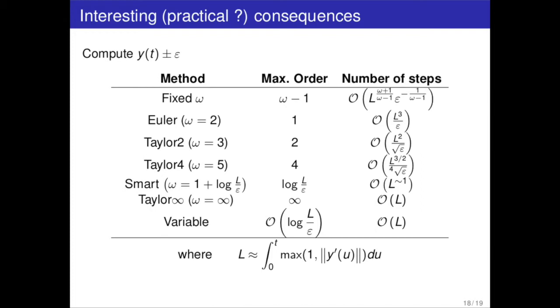Does the cost of the step depend on...? It depends on Taylor, basically. It's a Taylor expansion of order omega, and you need precision epsilon. So when you decrease the number of steps, you can actually increase the cost of each step. It's a trade-off which is not trivial to make.